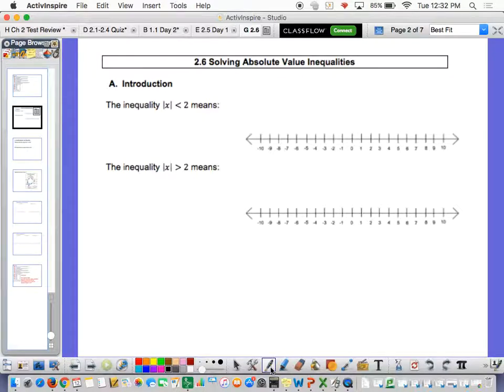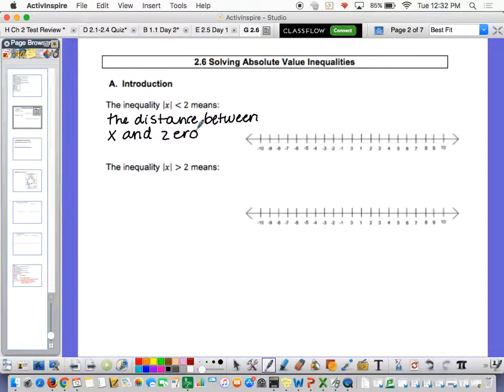of x is less than 2 means, okay, well, if you think about what absolute value meant, absolute value was the distance from 0. Right? So this means that the distance between x and 0, right?